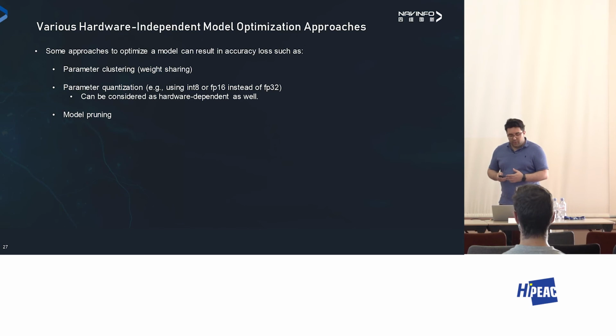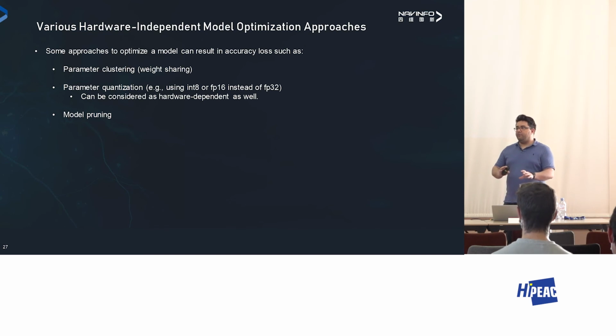It means, for instance, we have the weights or parameters of the model. There are lots of works that have offered to cluster the parameters. So for instance, we have all the weights in floating point values.